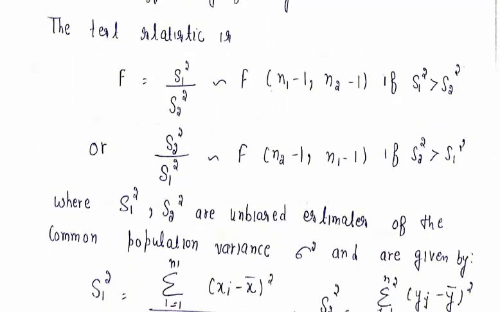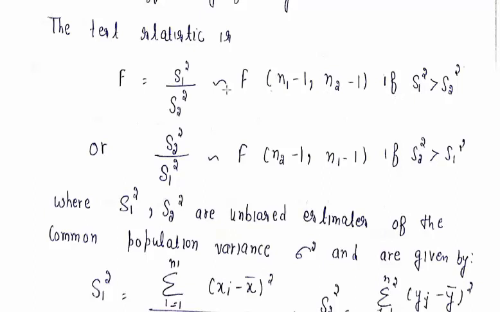Then we calculate the test statistic. The test statistic is given by S1 square over S2 square, and this follows an F distribution with n1 minus 1, n2 minus 1 degrees of freedom.